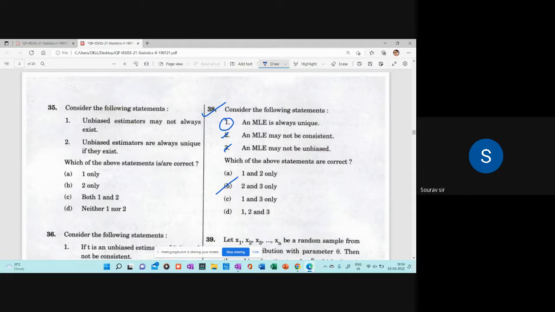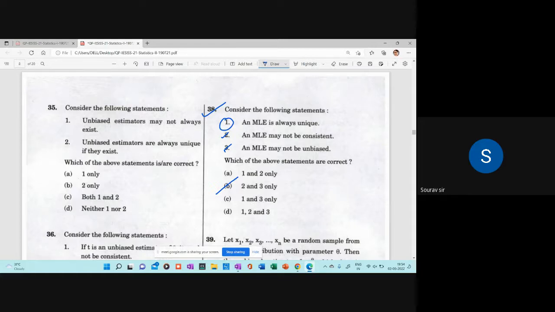Obviously, you need to find a statistic. Whenever we are discussing an estimator, it's basically nothing but a statistic, which is a function of solely the sample observations. So obviously, you need to find a statistic which is going to maximize your function, your PMF or your PDF, or rather to say your joint distribution function.